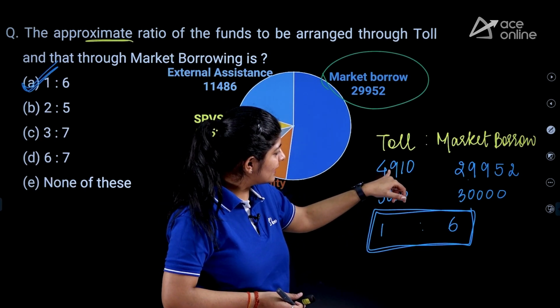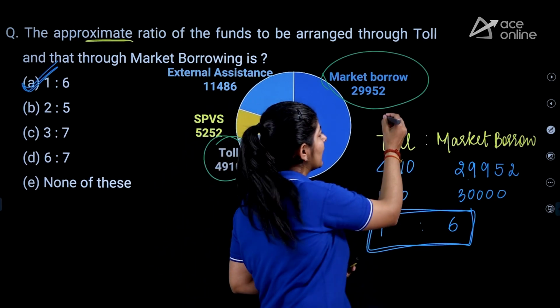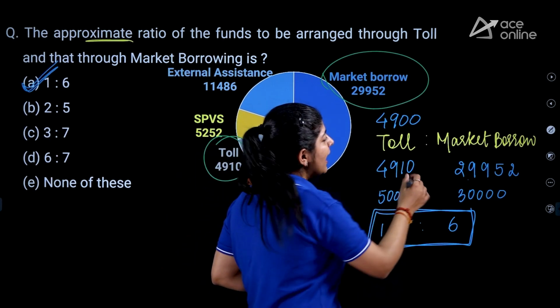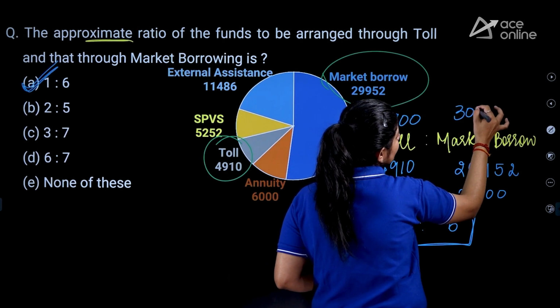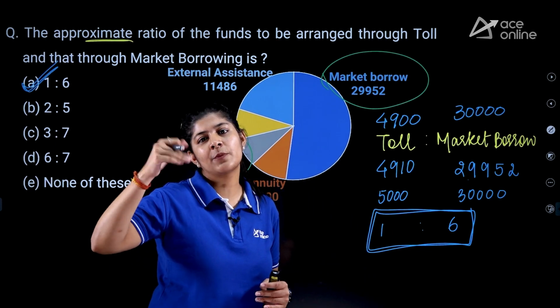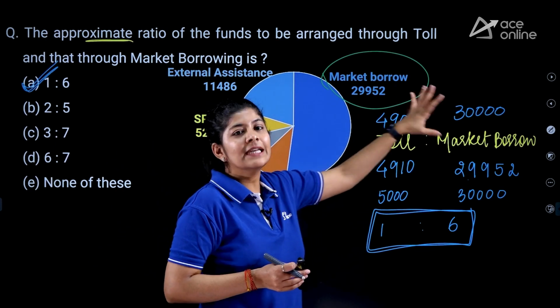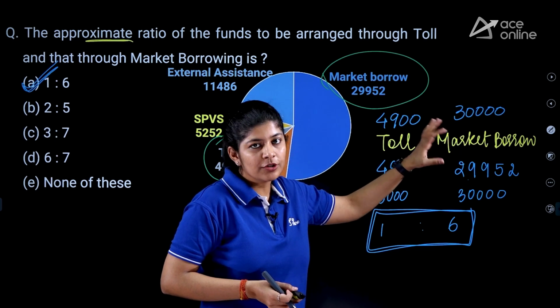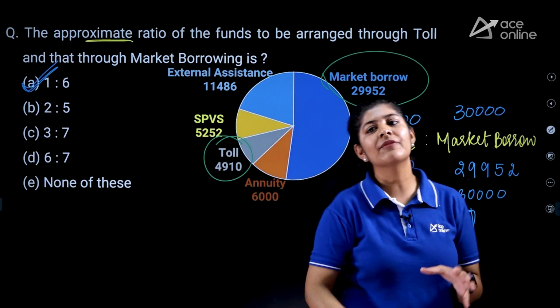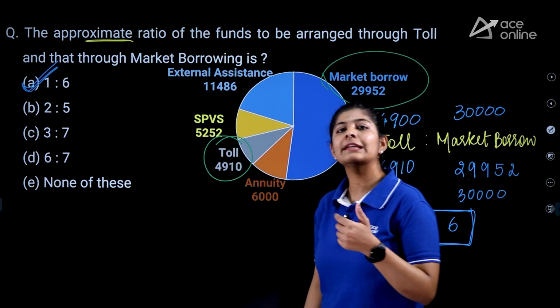If I consider 4,900 and 30,000, it should be 6.1, 6.2 something, but it is approximately equal to six times. So whenever we have to do the approximate calculation, we can easily do that.